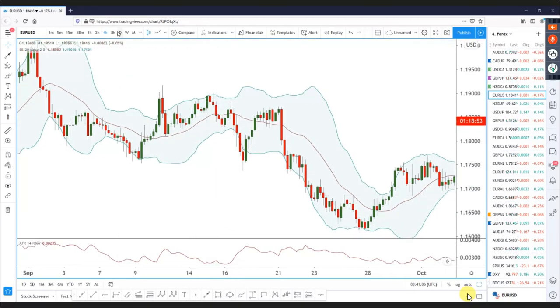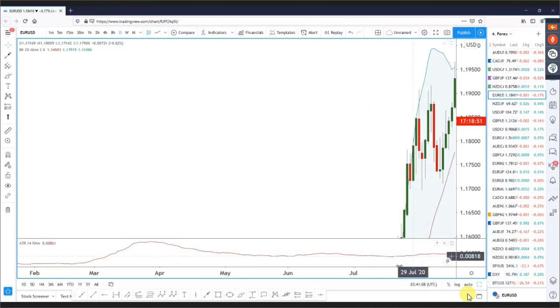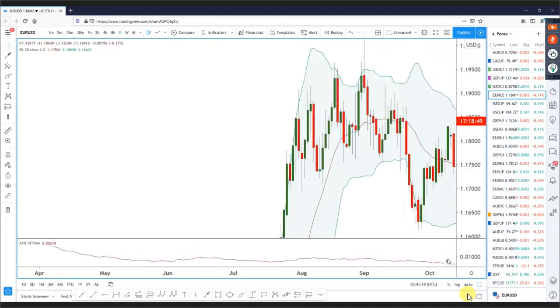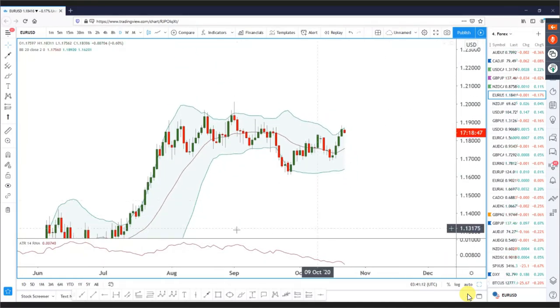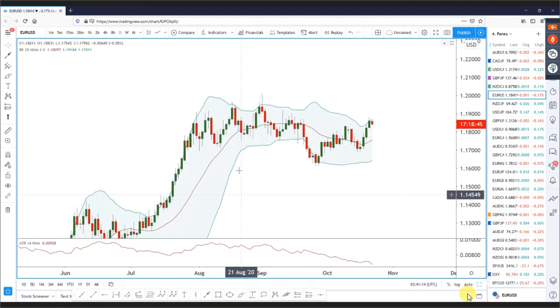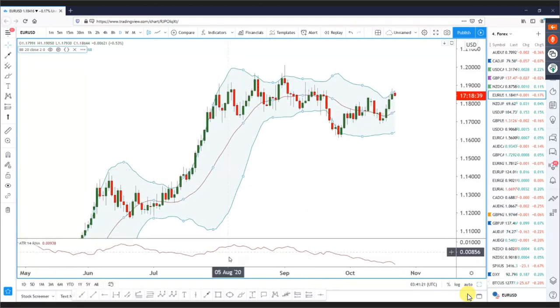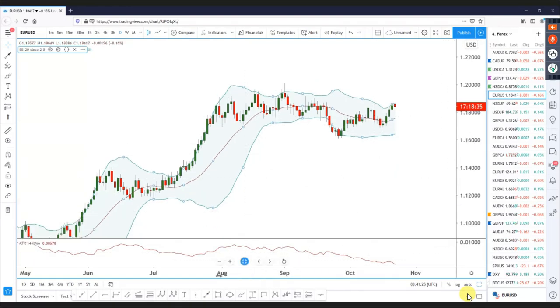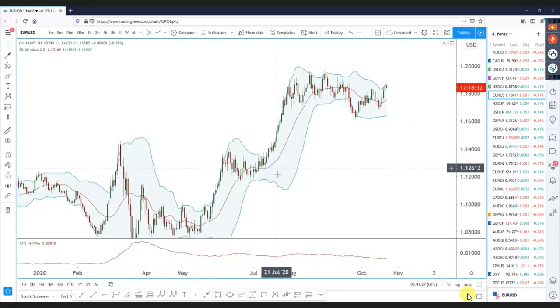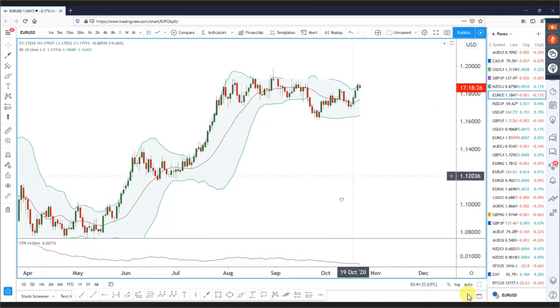All right. So for example, if I'm using Euro USD, and right now overall it is still a bullish momentum, right? If you can see, higher high, higher low, higher high, higher low, and looks like it's about to make its way to a higher high.